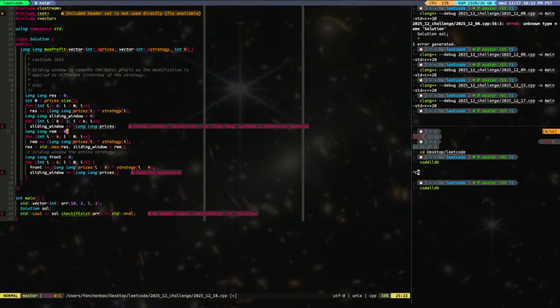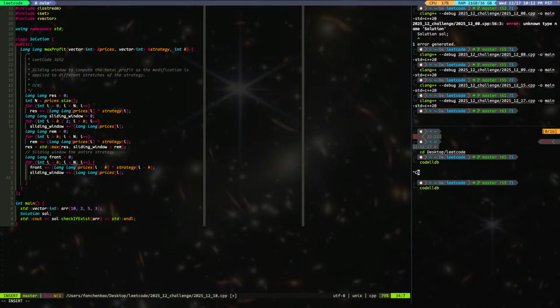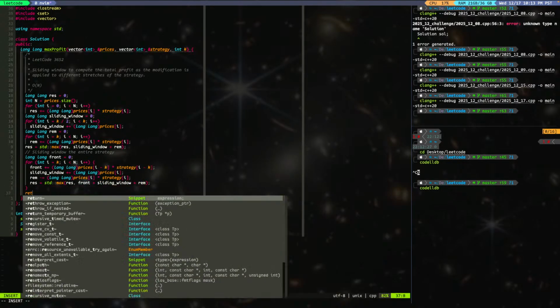This is actually not right. prices[i], right? So we add a new one, and remaining needs to minus equal to long prices[i] multiplied by strategy[i], and then rest will equal to maximum of rest, front plus sliding window plus remaining, and at the end I will return rest.